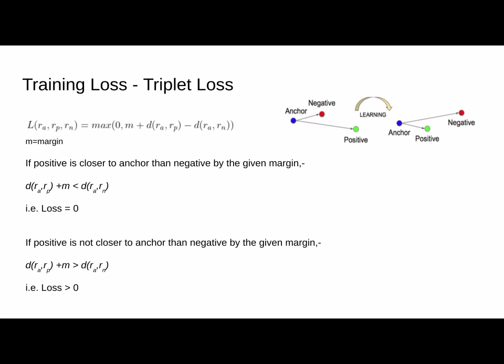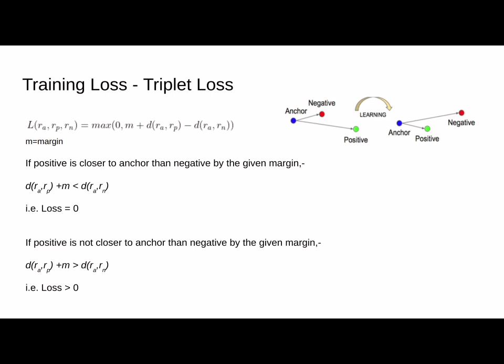The loss function is defined as the max between 0 and the difference between the distance of the positive sample from anchor and the negative sample from anchor, plus a margin.